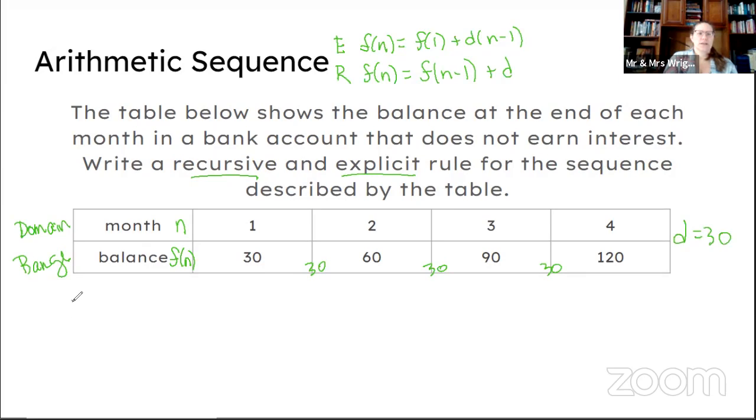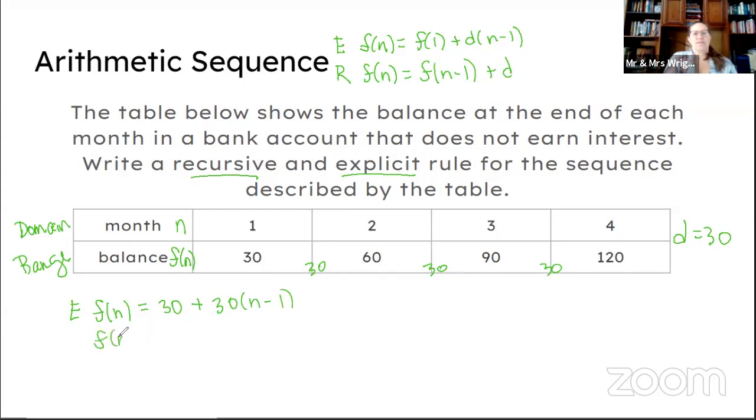So let's first write an explicit equation. It's going to be f of n is, our first term is 30 plus the difference, 30, times n minus 1. Now we need to simplify.